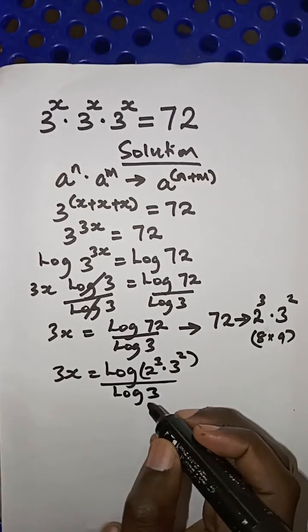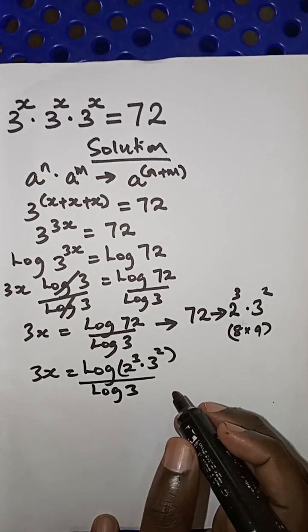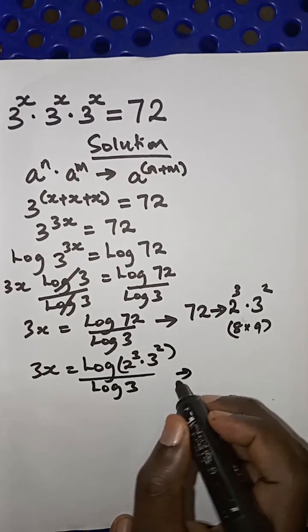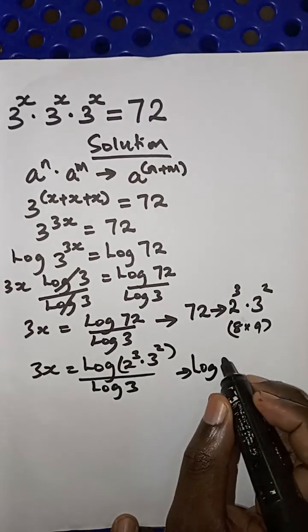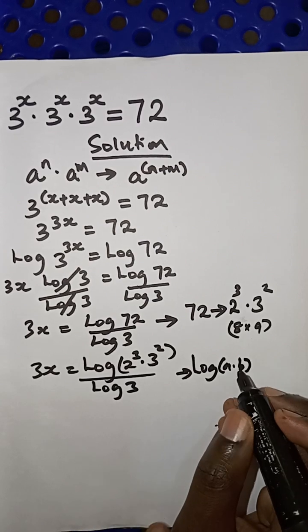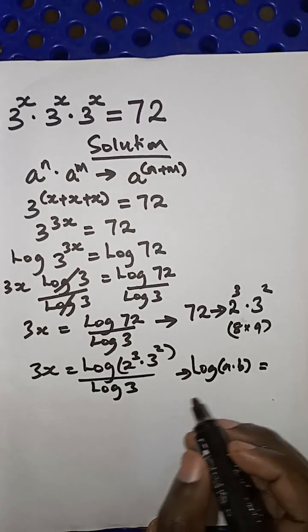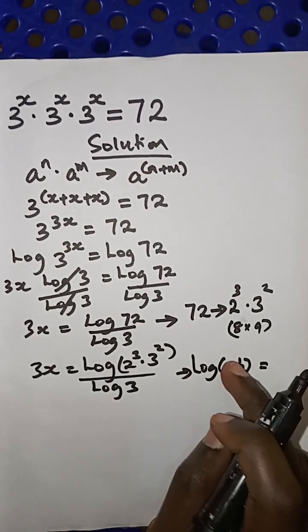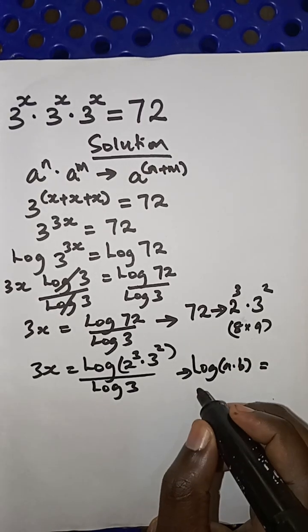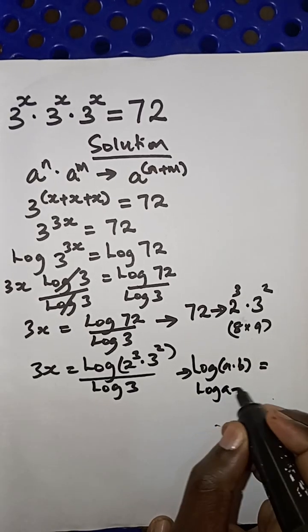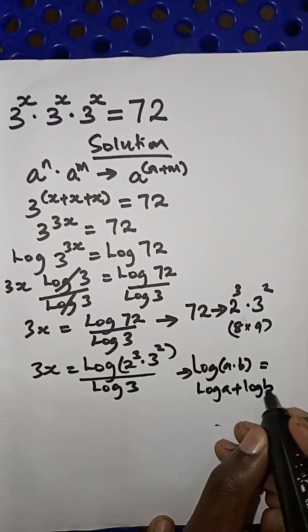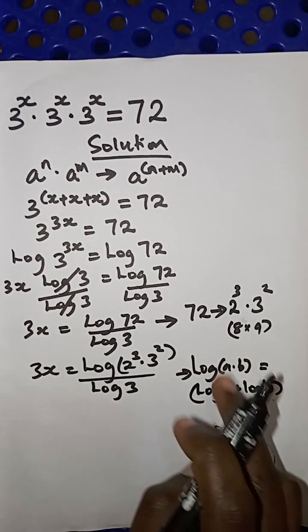You also need to recall that wherever you have the log of a multiplied by b, this can be expanded as the sum of the two: the log of a plus the log of b.